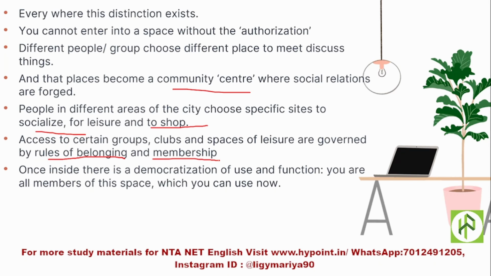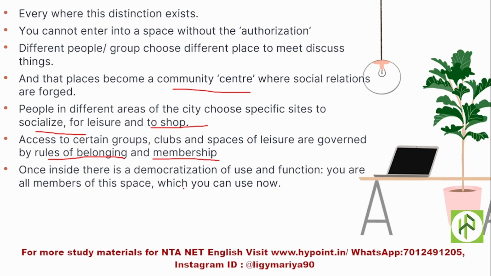So this is what I was telling. Rich people can go to clubs, certain groups and leisure spaces because they have membership. They have a rule of belonging. They belong to that space. But a person from a slum, from a not so affluent family, cannot go there because they won't have a membership or belongingness there.